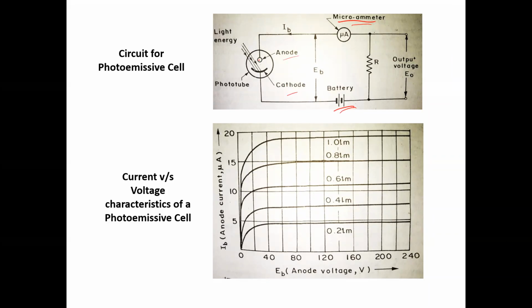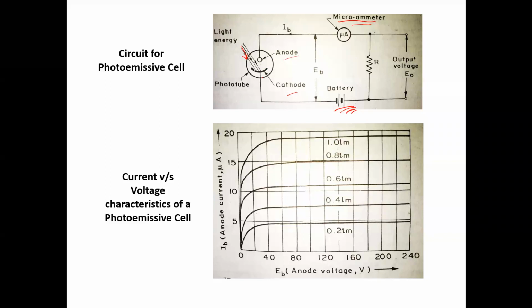When incident light causes some electrons to be ejected or emitted, the potential difference from the applied supply voltage will cause the electrons to travel from one side to the other.